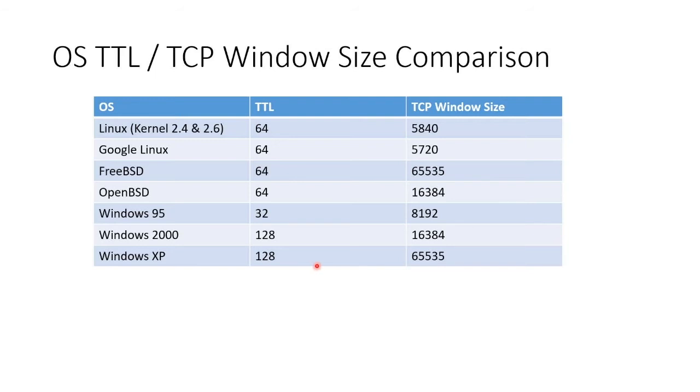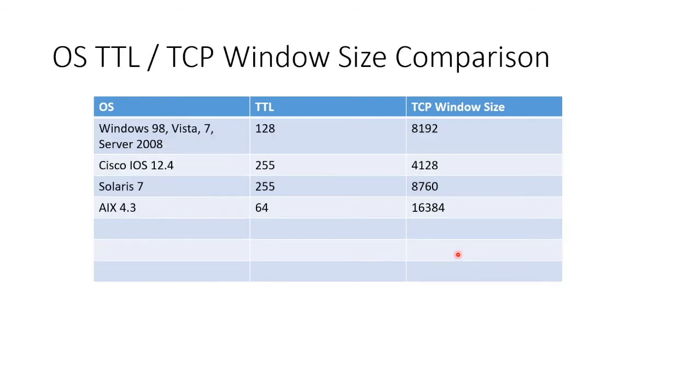You can see the receive window buffer size as well and how different it is for the various ones. We can also see here, so here's 98, Vista, 2008 plus 2016. And see again with Microsoft we're at 128 with an 8192 byte TCP window size.